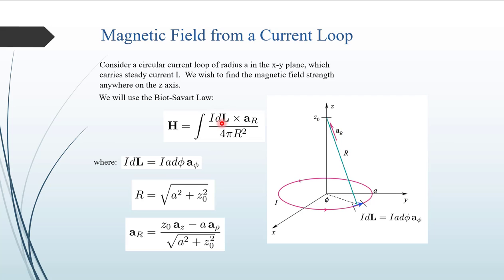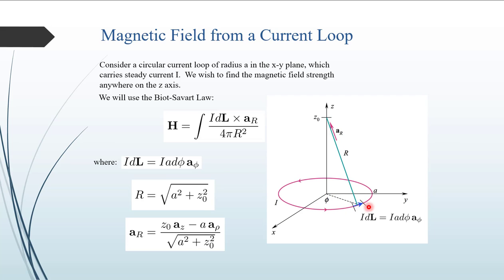In this equation Idl is this one. Now dl is a curve length. Remember here dl is a curve length. So in cylindrical system, what is this length? There is change in phi and there is no change in r. So this length is r d phi a phi cap.